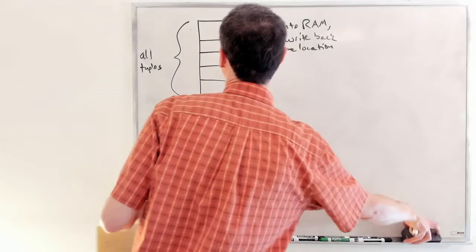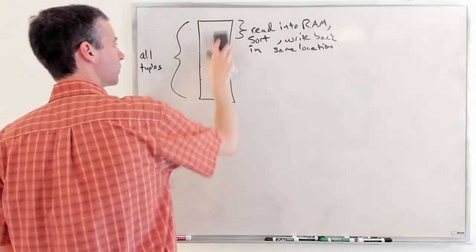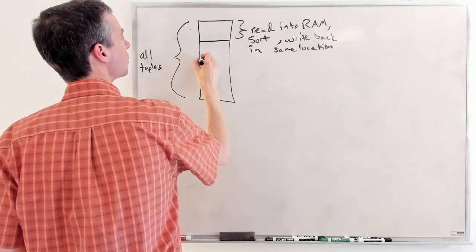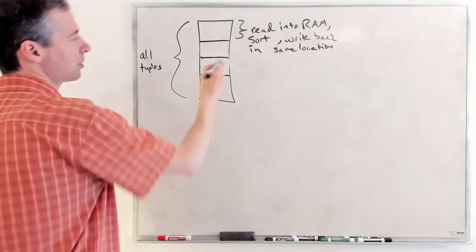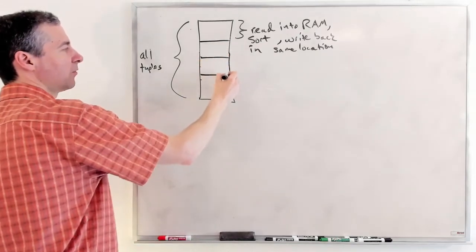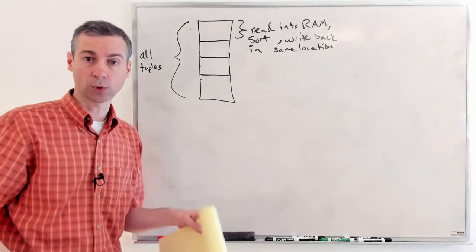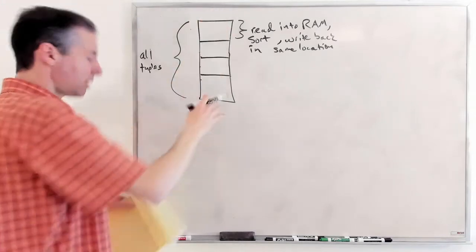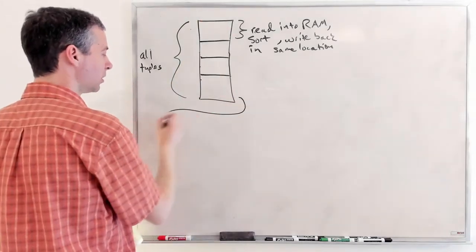And in fact, why don't I draw this in quarters to make it look good. One quarter, two, there we go. All right, so you read in this chunk. Now, of course, for a big problem that we would need to do this, we'd have many more than just four pieces.